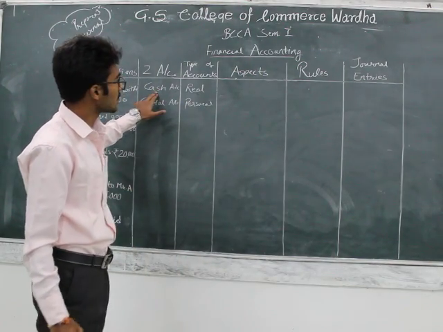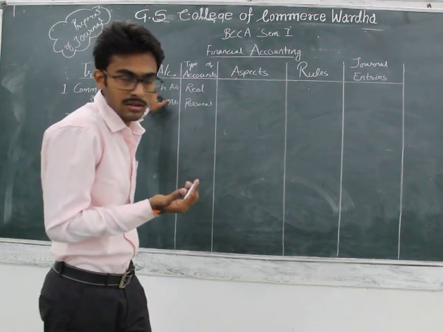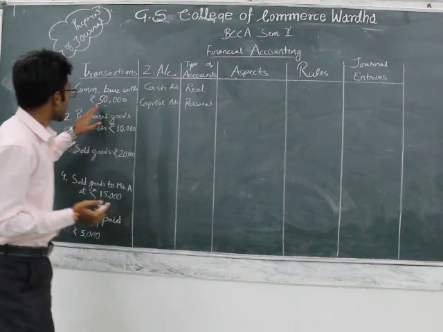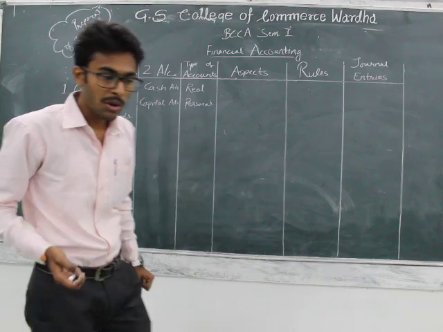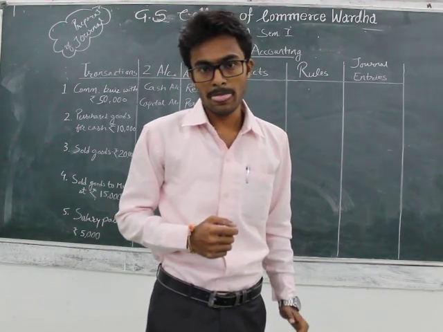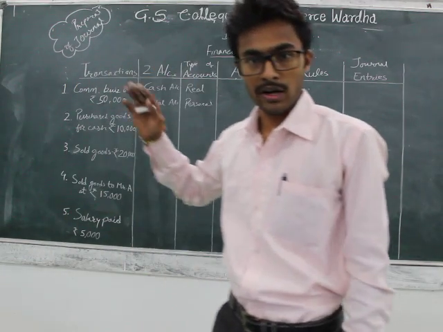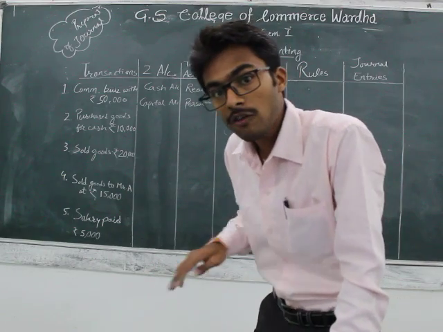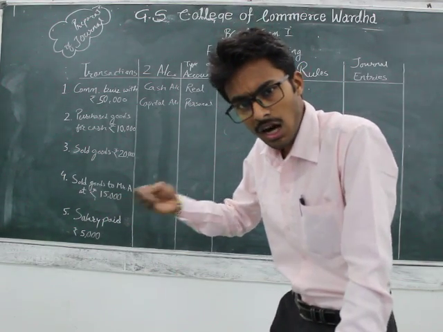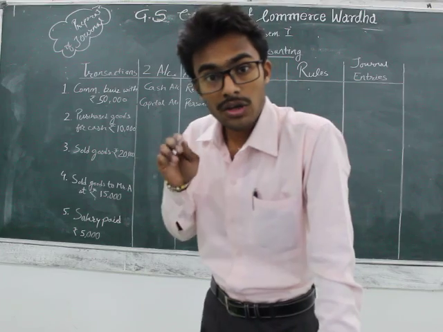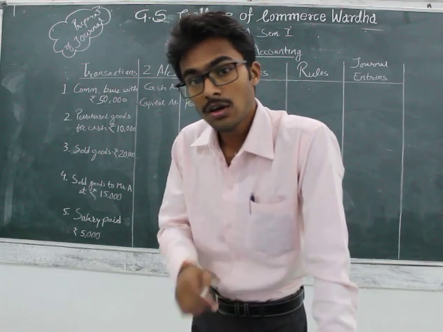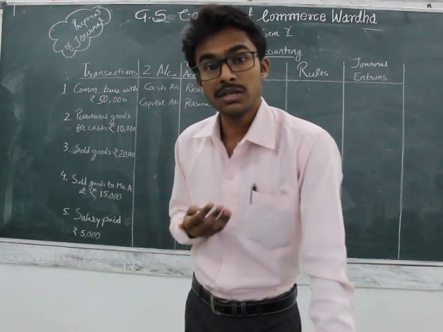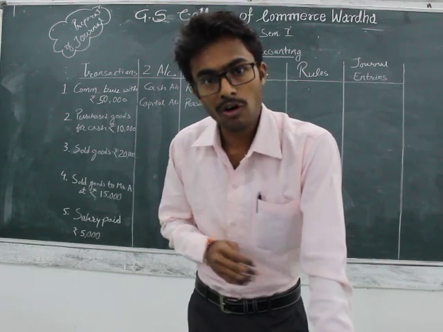Is cash coming or going? Obviously cash is going from the business owner's pocket and coming into the pocket of the business, into the accounts of the business. Here we have to record our transaction from the point of view of the business and not from the point of view of the business owner.